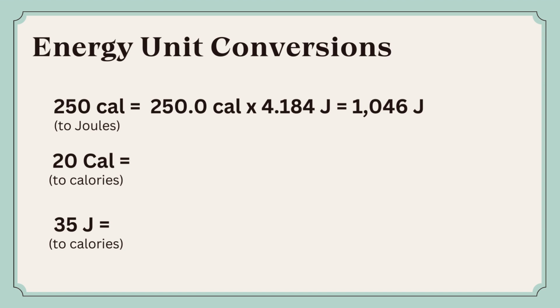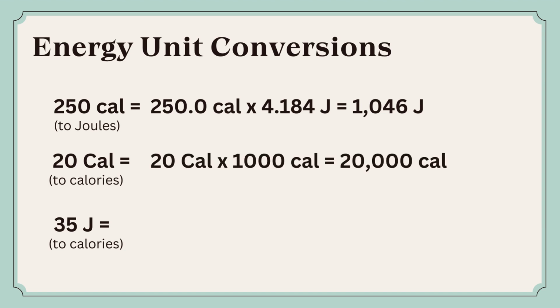Next, look at 20 nutritional calories to basic calories. You would use the equation 20 nutritional calories times 1,000 basic calories because 1 nutritional calorie equals 1,000 basic calories. And you would find that 20 nutritional calories equals 20,000 basic calories.